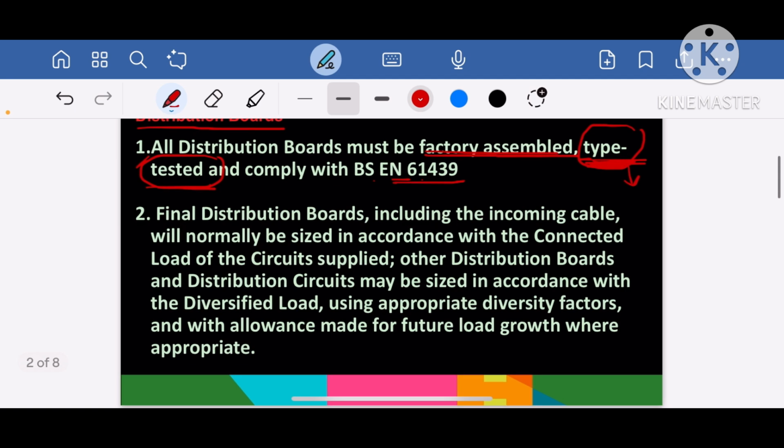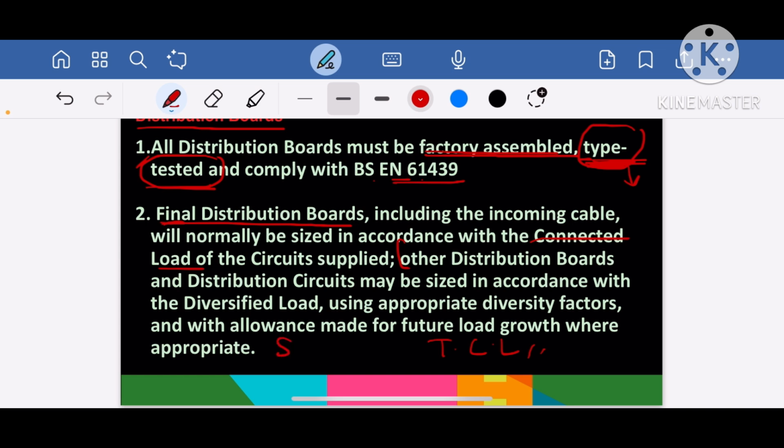The second point mentioned in the ADDC regulation is that the final distribution board, including the incoming cable, will normally be sized in accordance with the connected load. This is a very important point. As per ADDC regulation, the design of the final distribution board must be as per the total connected load. But here it is mentioned for other distribution boards. What are the other distribution boards apart from the final distribution board?